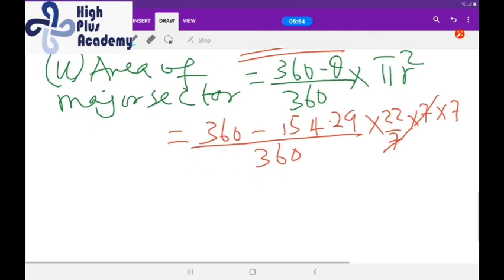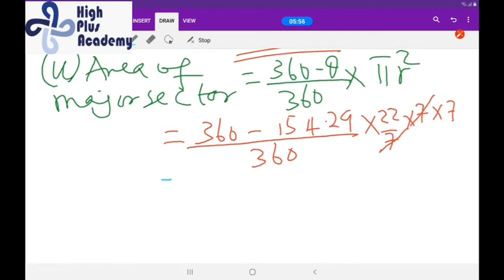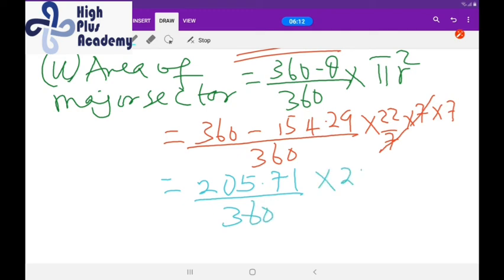So everything will now be, what is 360 minus 154.29 going to give us? You can punch your calculator. That becomes 205.71 over 360, then times 22 times 7.